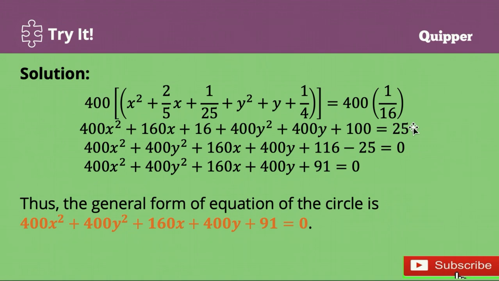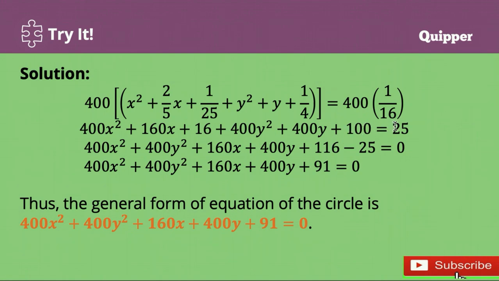Then write it in the form of ax² + by² + cx + dy + e = 0, which is the general form of an equation of a circle. We now have 400x² + 400y² + 160x + 400y + 16 + 100 is 116.